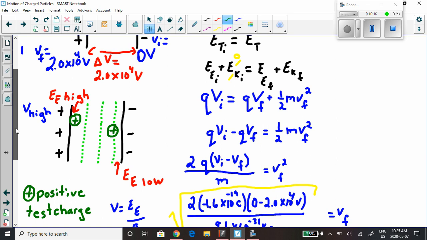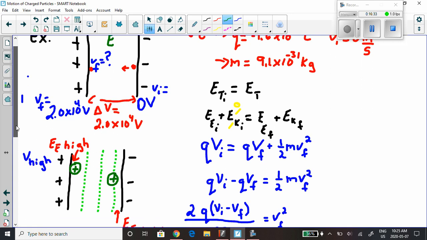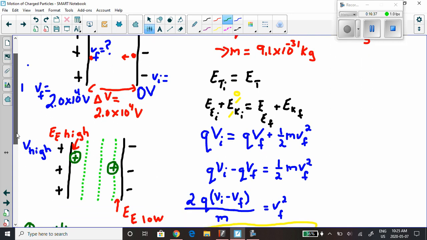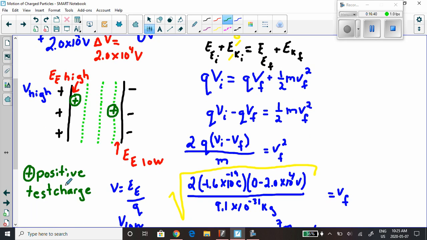Even though I eventually am going to answer a question about a negatively charged electron, to get an understanding of the voltage of the electric field that this electron is experiencing, I need to define that electric field by using, you guessed it, a positive test charge.